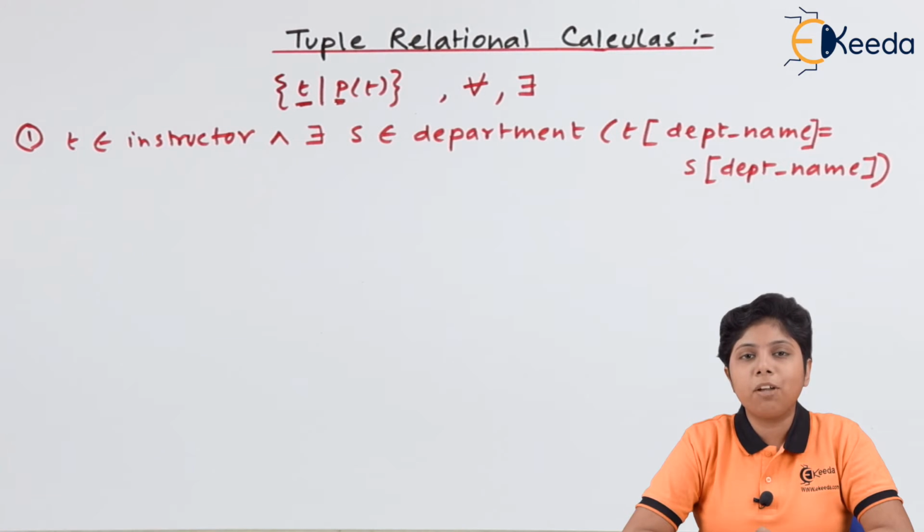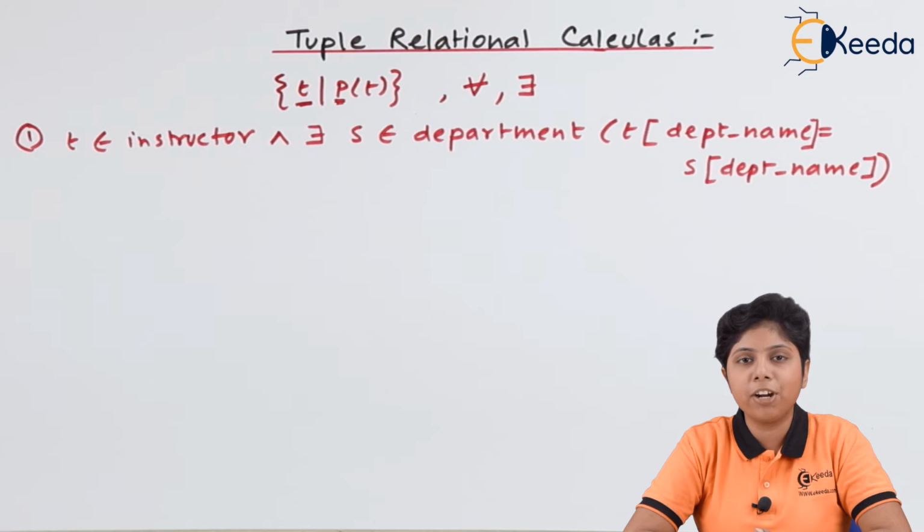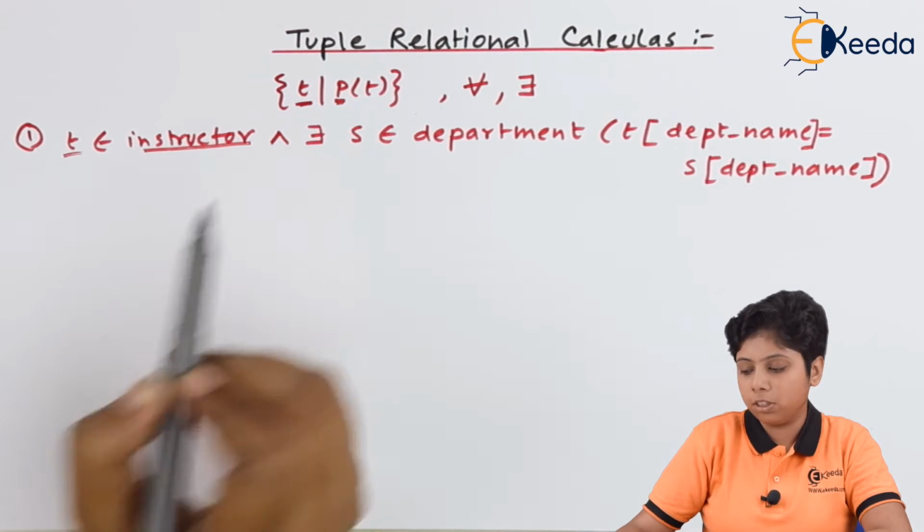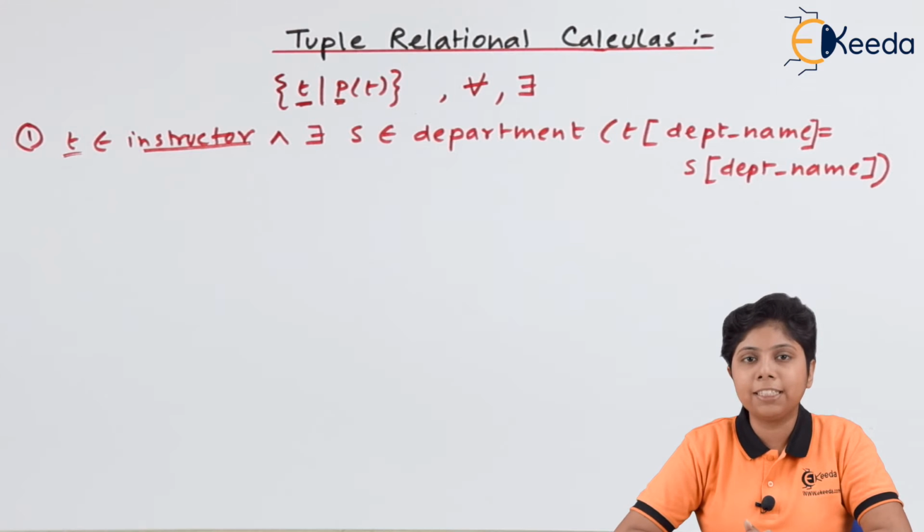Now we will look at the variable selection on a tuple relational calculus. We have two types of variables: one is a free variable, another is a bound variable. The free variable stands for a variable with no predicate against the checking of that particular tuple. Say here T belongs to instructor, so I am mentioning that any tuple can belong to the instructor relation.